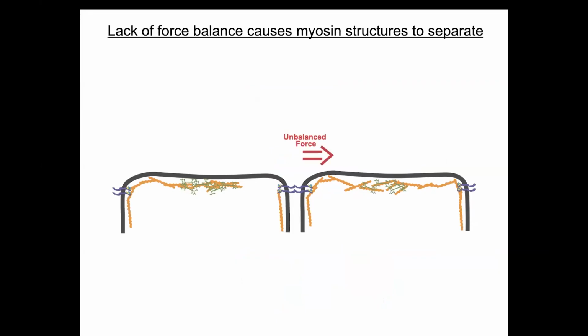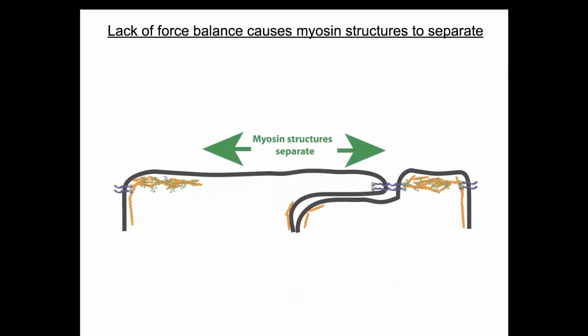This results in this cell contracting, and the other cell actually gets a membrane protrusion pulled out. So there's a loss of force balance and you no longer have force connecting these two cells as effectively.